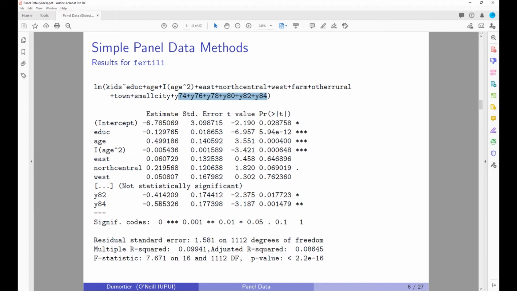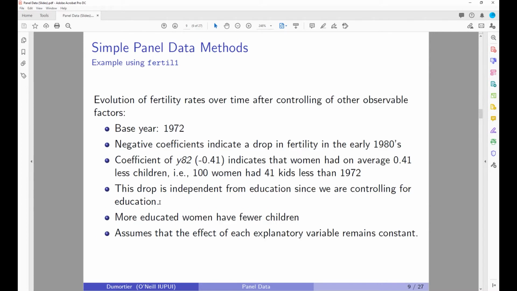Okay, so those are very, very similar. Okay. So when you are controlling now for the observable factors, you see that the fertility rate has dropped over time. It is important to note that all those results are relative to the base year of 1972.